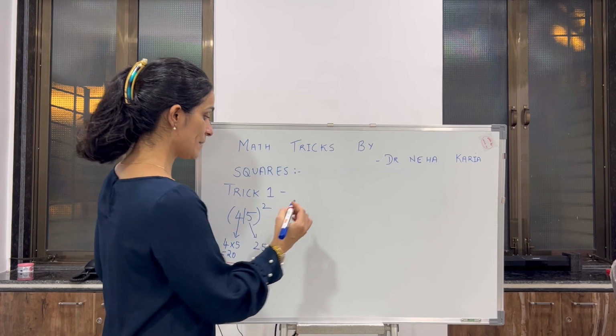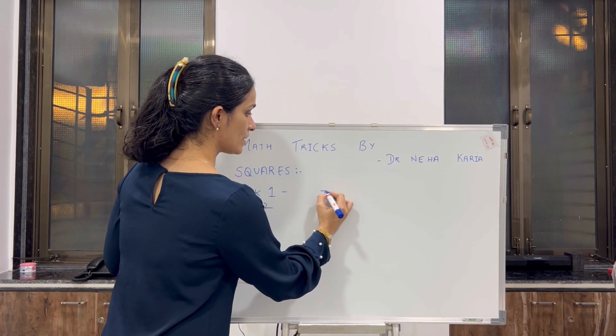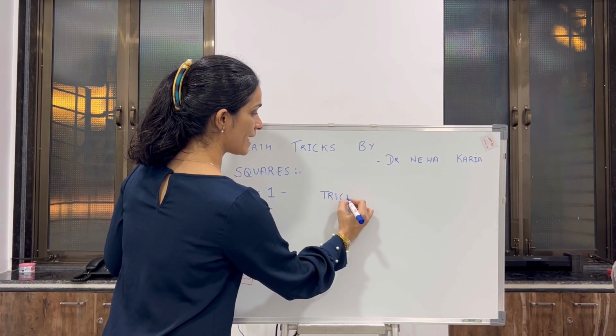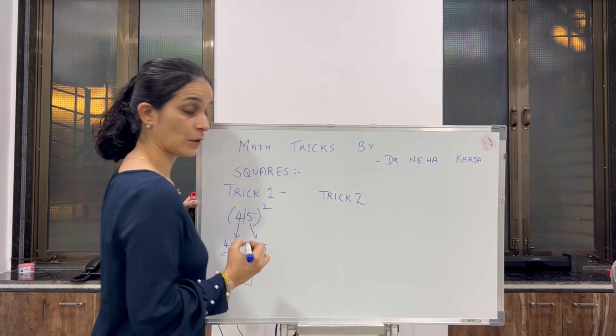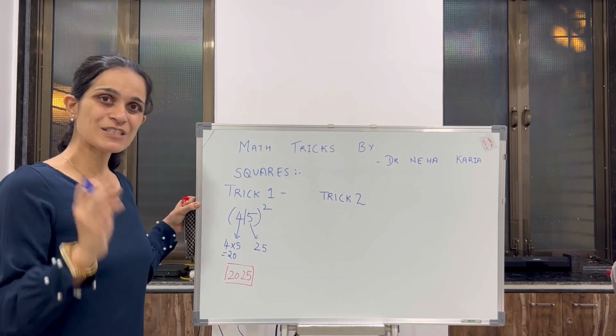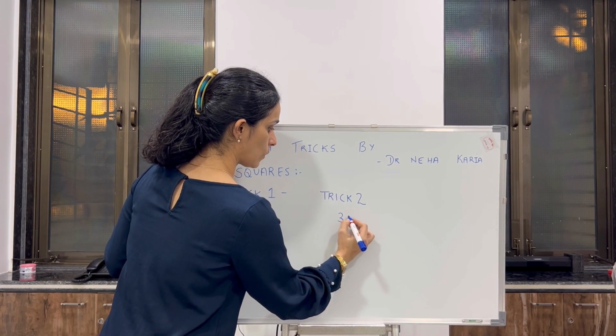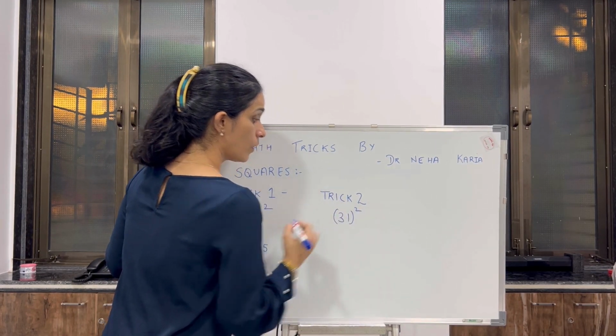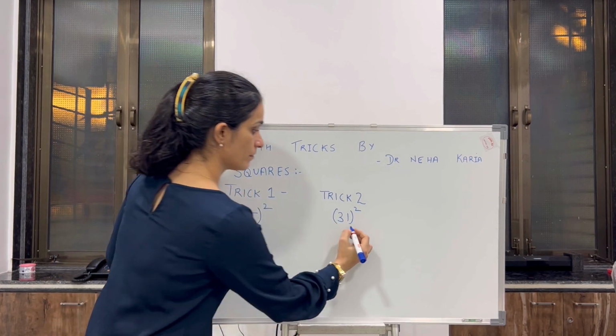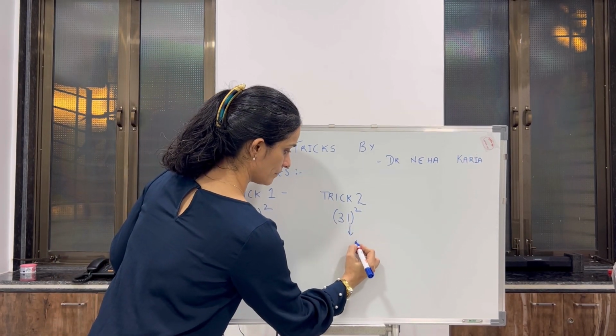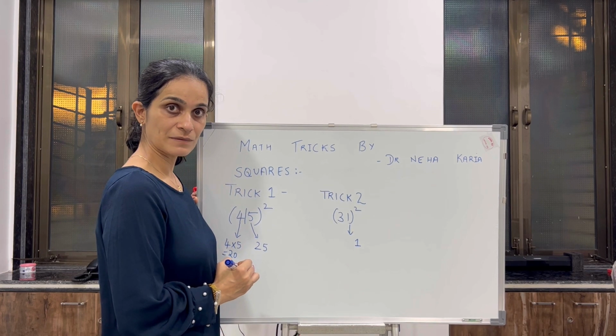Next trick, the trick number 2, is to find the squares of numbers ending with 1. Okay. Now numbers specifically ending with 1, let's take up 31 square. First step, write always 1 in the units place of the answer.